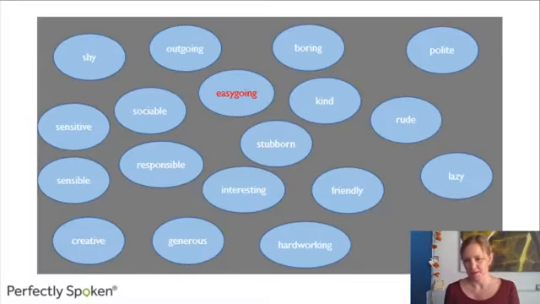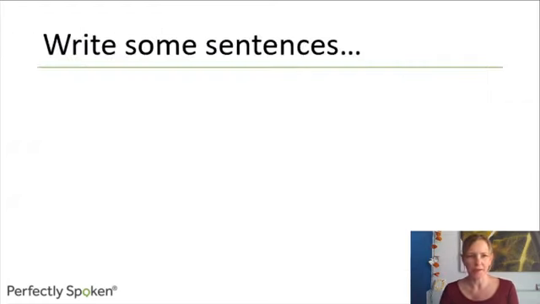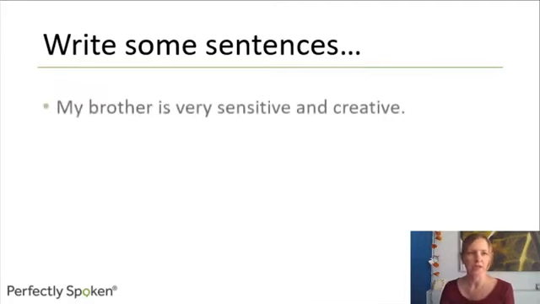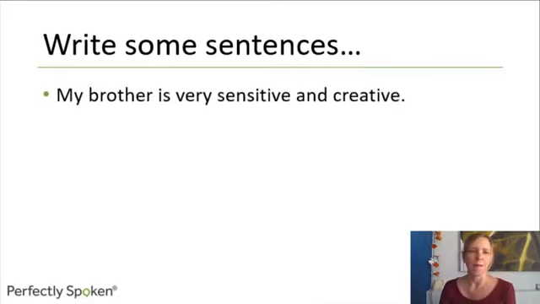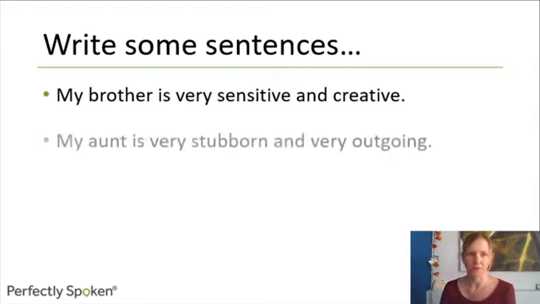Okay. All right. So now we're going to have a look at some example sentences. These are example sentences, and I want you to write some sentences about your family too. My brother is very sensitive and creative.